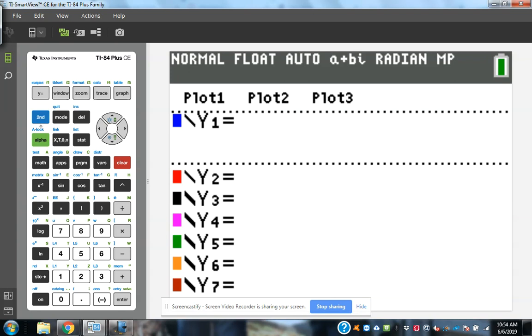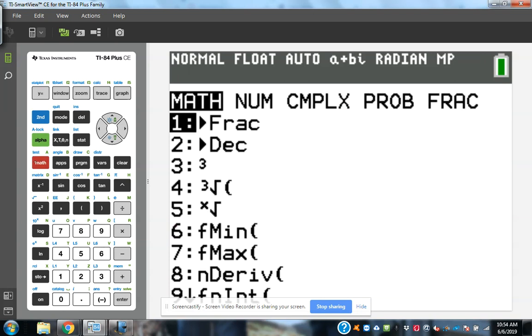To get a cubed root, you've got to use one of the menus in the calculator. So I'm going to hit the math button first. Okay, so I'm in y equals, on y1. I'm going down to the button just below the green alpha button. I'm hitting math, and you'll see other options here. The first one is how you convert from a decimal to a fraction.